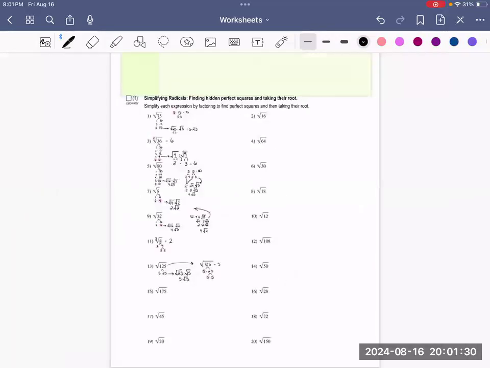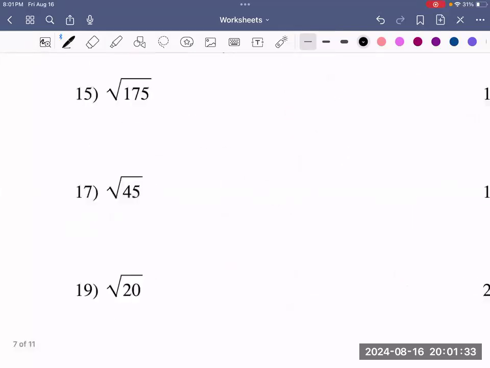Let's see. Yeah, we'll do just a couple more. All right, so we have 175. And again, if you're recognizing, well, 75 is another 5 times then 35. And let's say because it's a higher number, maybe you don't have a calculator on the test, but you can at least do a little bit of division, right? Well, what do you know about 35?